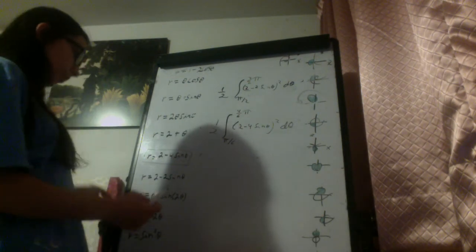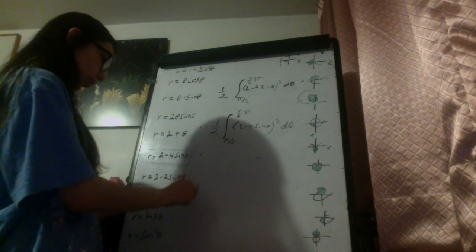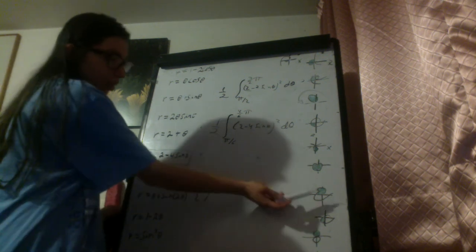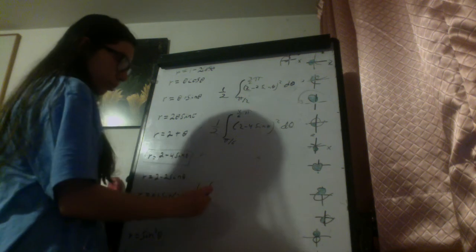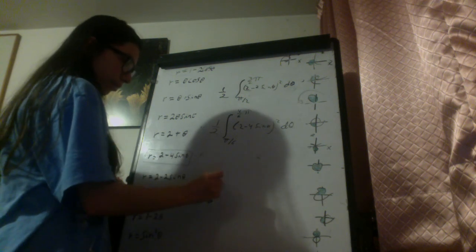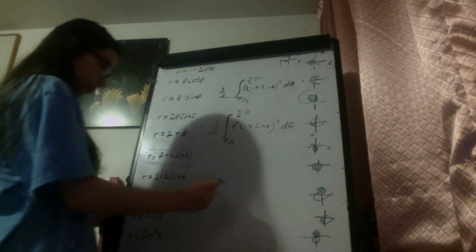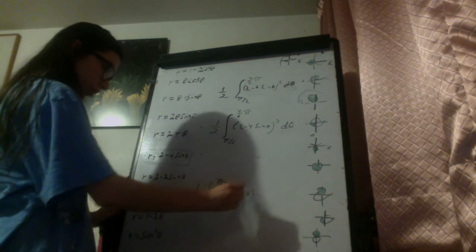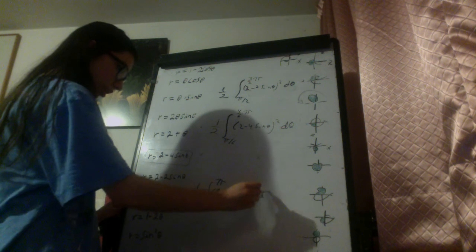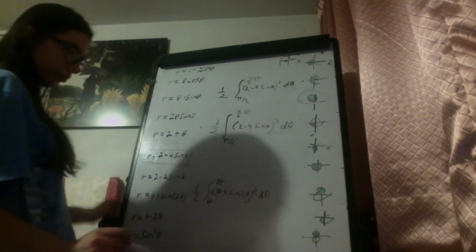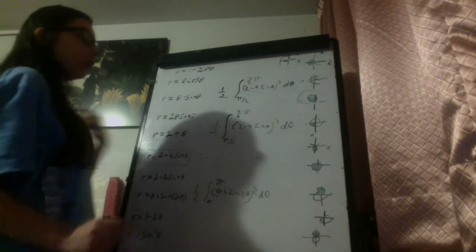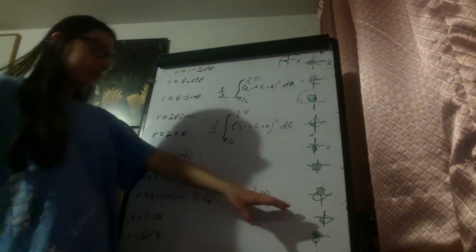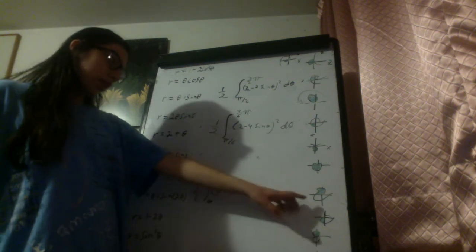So if we do it visually, we have 1/2 of the integral from 0 to pi of theta plus sine of 2 theta, all this squared, d theta. That's it.